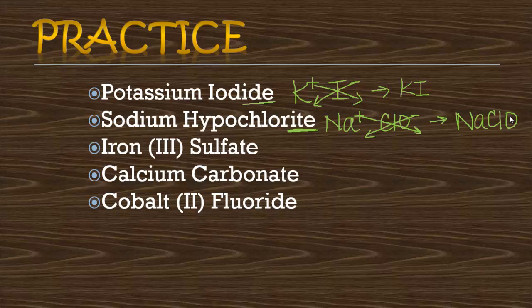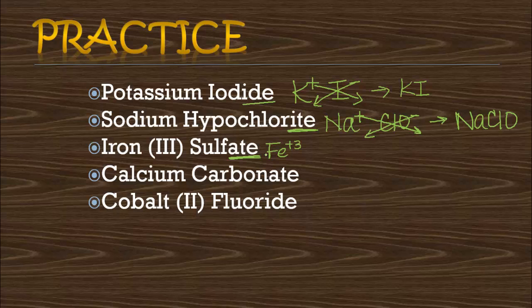Iron 3 sulfate. Now, if you remember back from the last video, this 3 means that iron has a positive 3 charge. If I looked up iron, iron would have all those charges, so we need to know which one we're using. So iron in this case is going to be iron plus 3. Now we have sulfate, ends in ATE, so again it's a polyatomic ion.